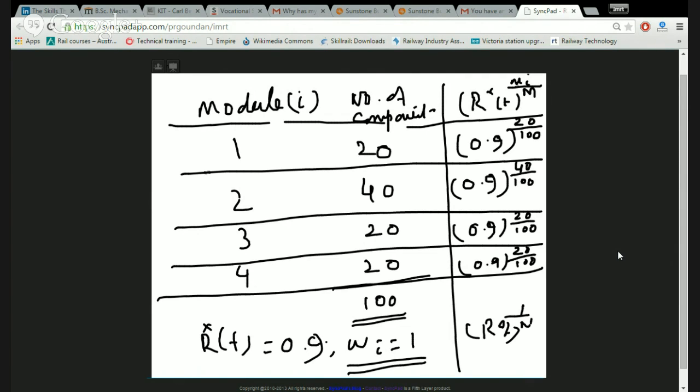So the method takes into account two factors, that is the importance and the complexity in terms of number of components. The other method gives equal importance, only takes into account components. This is the only essential difference between the two. There are other methods, I am not going to dwell on that. These two are enough for you to apportion the system.